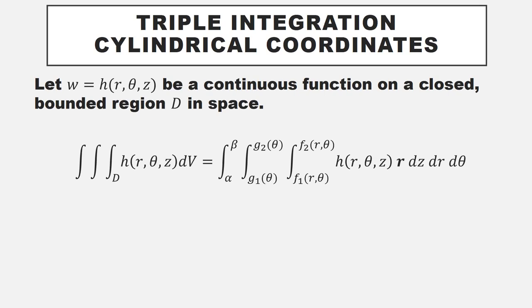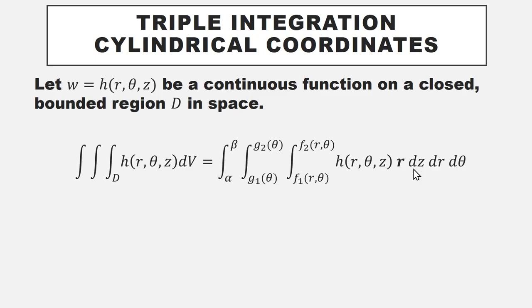Essentially, if we have a function w equals h of r, theta, z, written in cylindrical coordinates, when we do a triple integration around a 3-dimensional object with respect to volume, we will set up that system, and just like when we converted from rectangular to polar, we have to include a times r dr d theta.